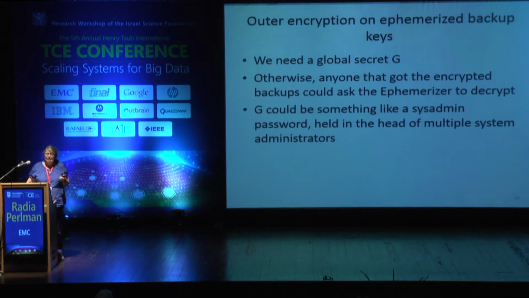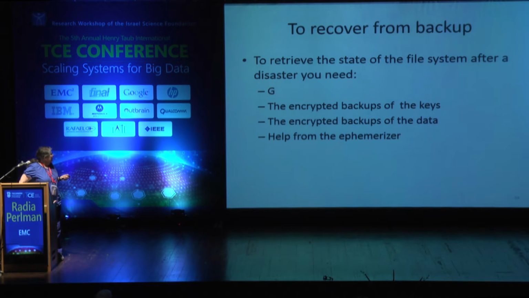But there's many ways of doing that. So in order to retrieve from backup, you need to have stored your encrypted data someplace reliably, and you need the outer level of encryption, which I'm calling G, that's secret, and the encrypted backups of the data, and you need help from the ephemerizer.